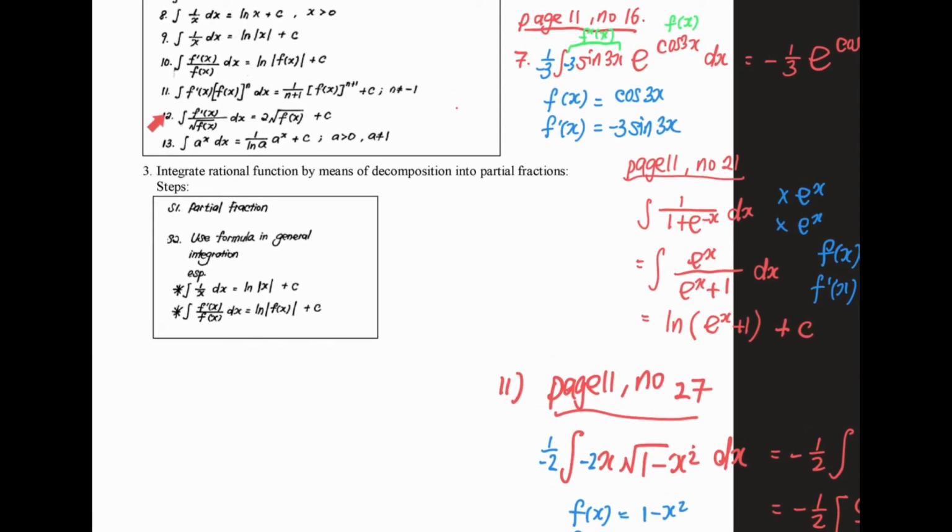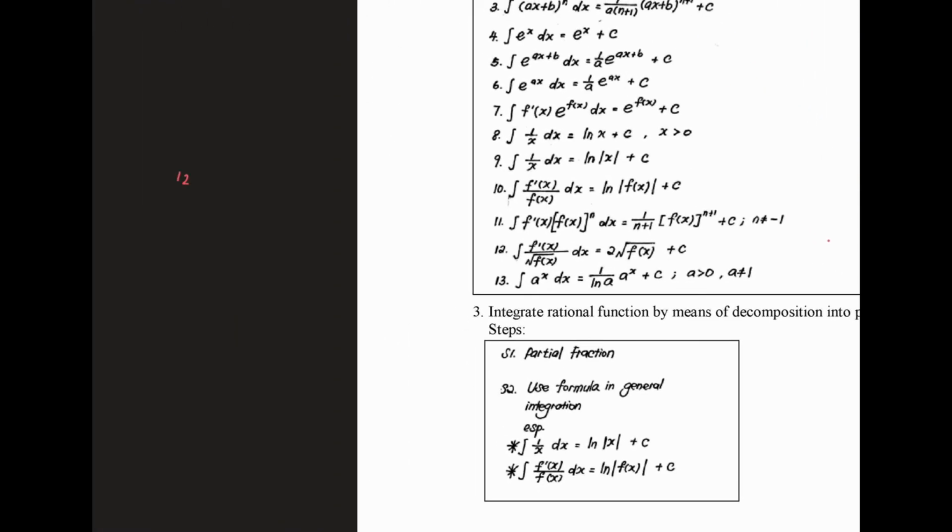Integrate f prime of x over square roots of fx dx equal to 2 square roots of fx plus c. So what formula is this? This formula is actually based on number 11. So for example, formula number 12: integrate f prime of x over square roots of fx dx. This is actually f prime of x times fx to the power of negative half.